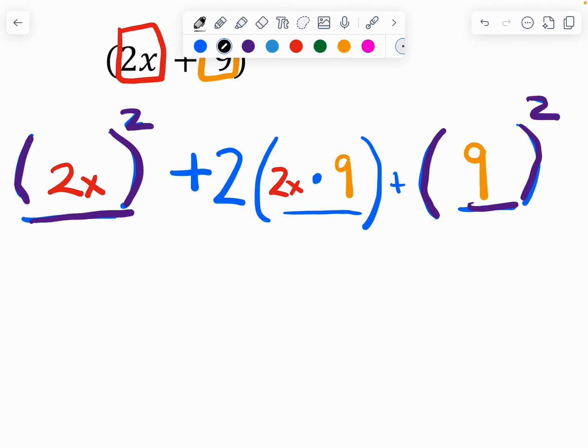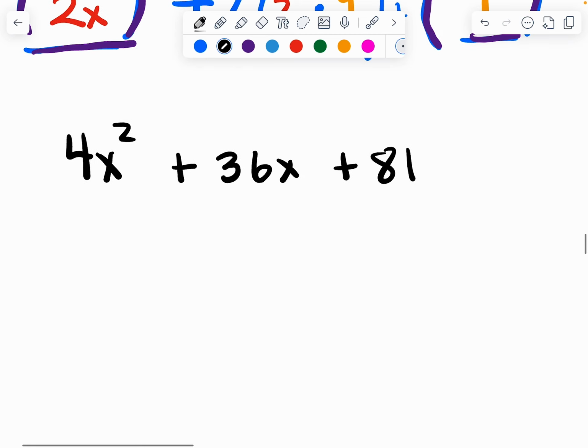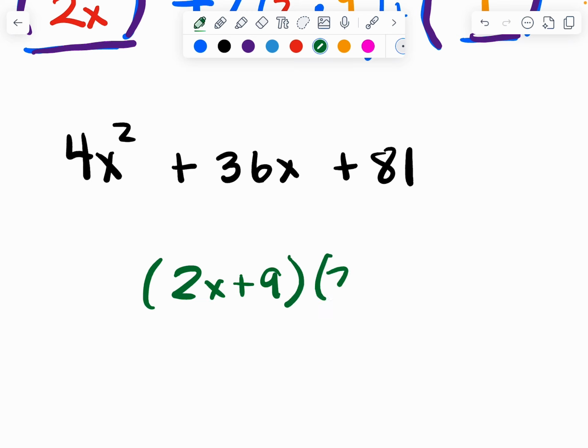So when I get this, it's 4x squared plus 36x plus 81. Now, could I have multiplied it out? Sure. So 2x plus 9 times 2x plus 9. If I was to do it the other way, I would get 4x squared.